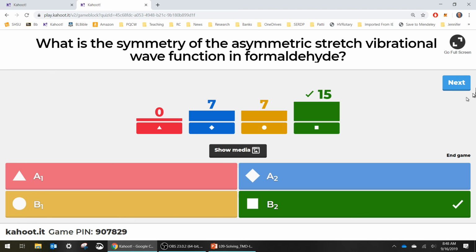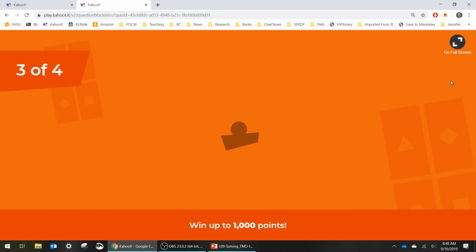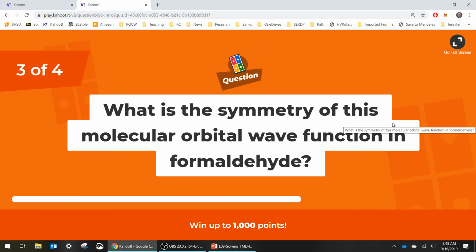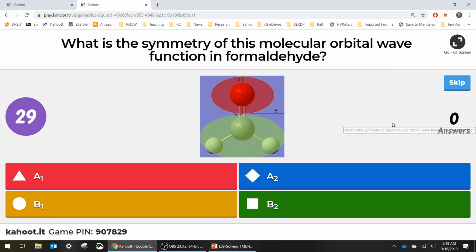Now let's make things a little more interesting. Let's go to the wave function. That's the wave function for one of the electronic molecular orbitals. You're looking at that picture of the reds and greens, and you're trying to say, is it Z, X, or Y? How is it changing?